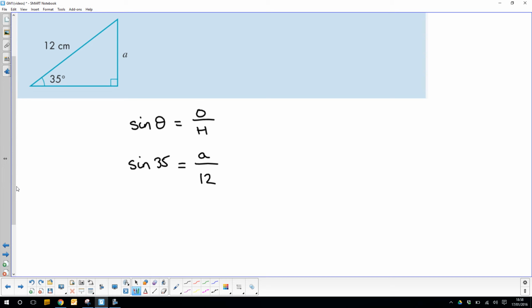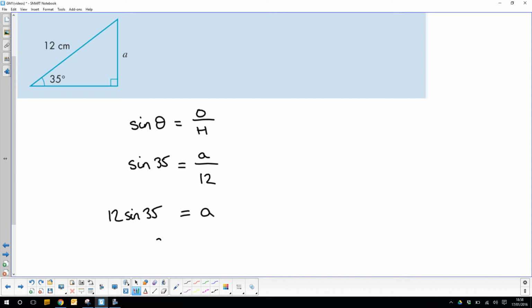To find the value of A, I need to get A by itself. On the right hand side at the moment, we have A divided by 12, so we times both sides by 12, and that will leave A on its own. I've timesed the right hand side by 12, so we do the same to the left, and we just write 12 sine 35, as you were doing in the exercise prior to the last one.